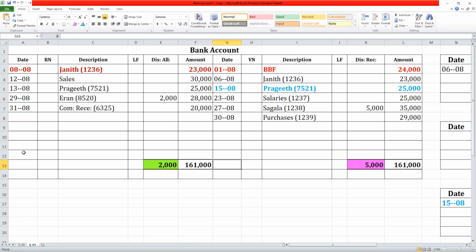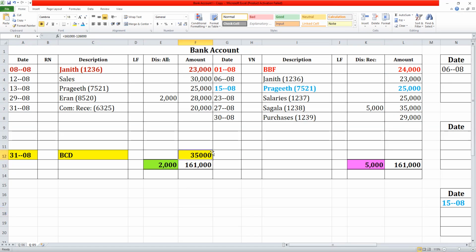Now we have to write the BCD here. 31st of August, balance carried down. 161 minus 126, it is 35,000.